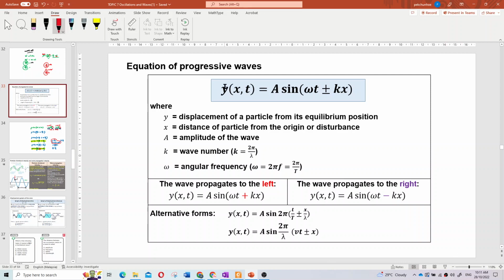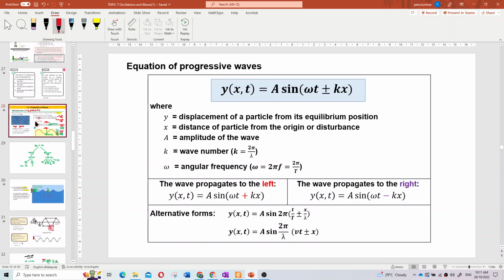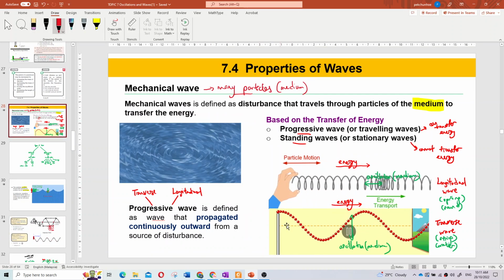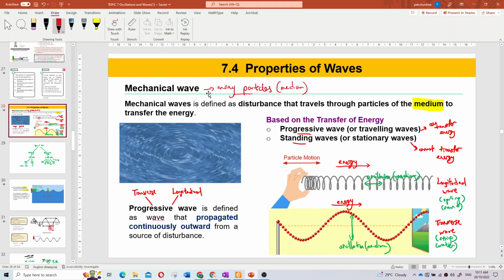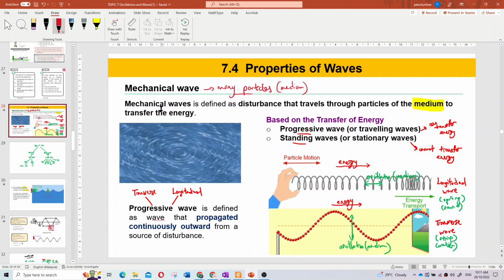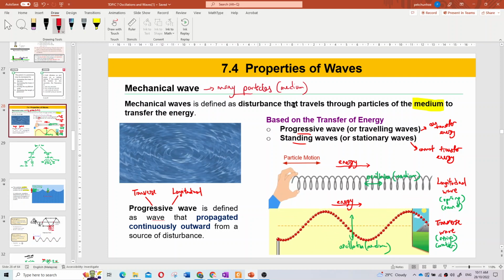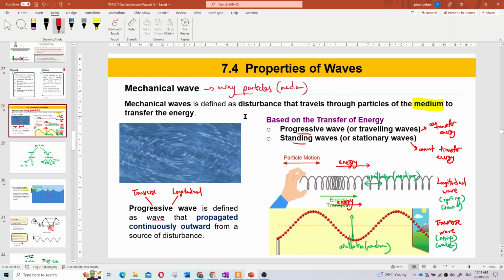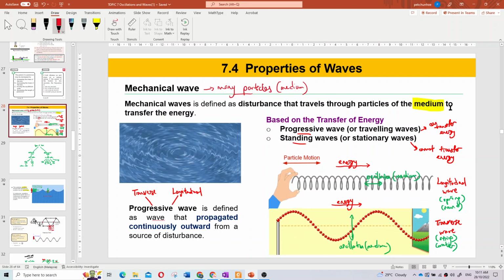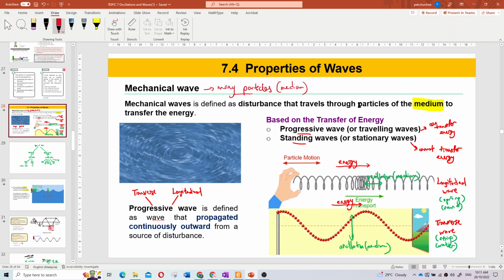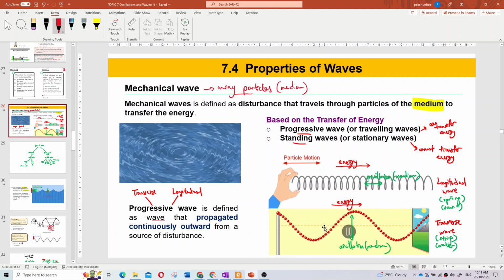Okay, so this is the equation for progressive wave. As we learned, our progressive wave is actually... We are learning about mechanical wave, right? Mechanical wave needs a medium to transfer energy. When we talk about transfer of energy through medium particles, that means it involves many oscillations of particles.